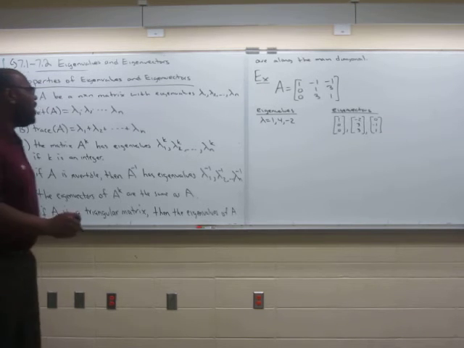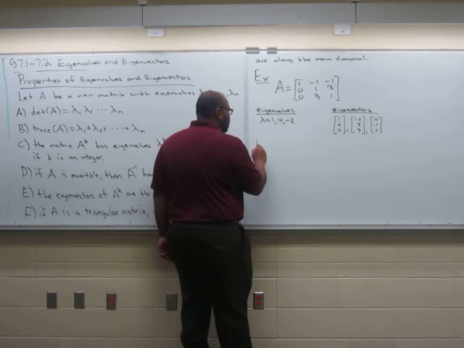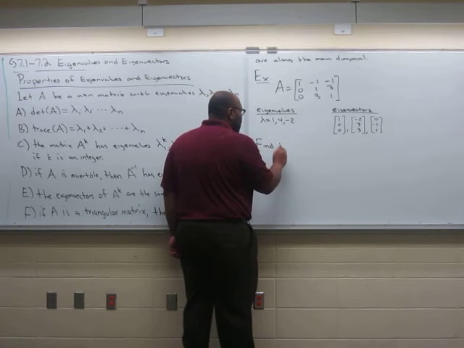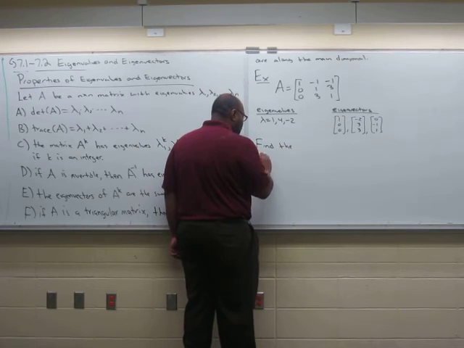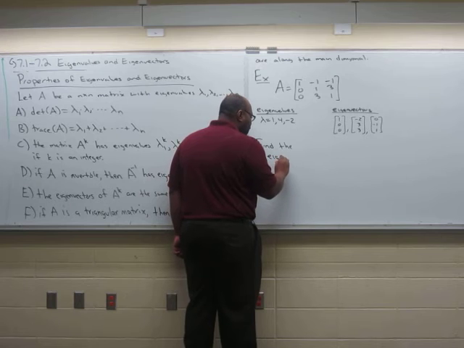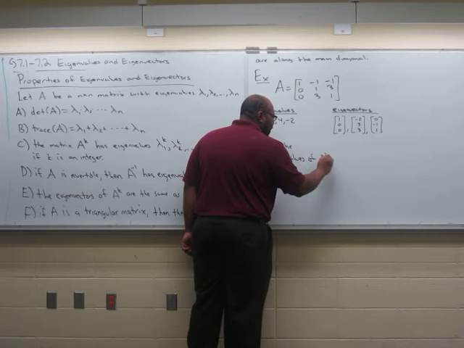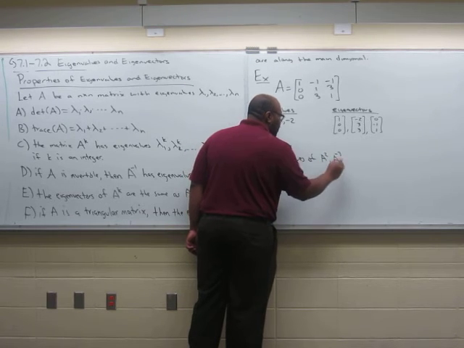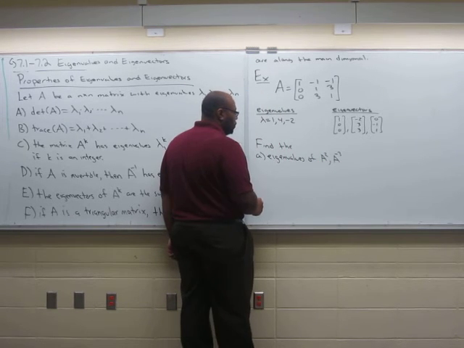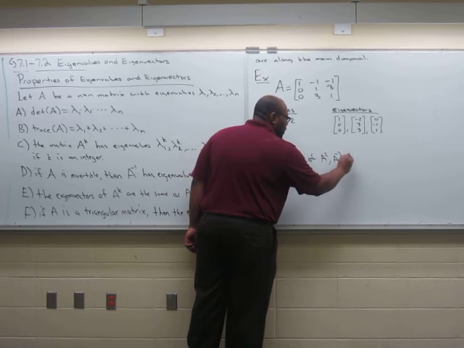So I'm going to say: find the eigenvalues of A to the second, A to the negative 3, A to the 0.